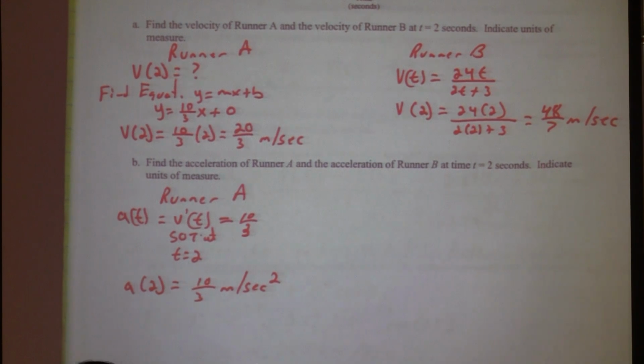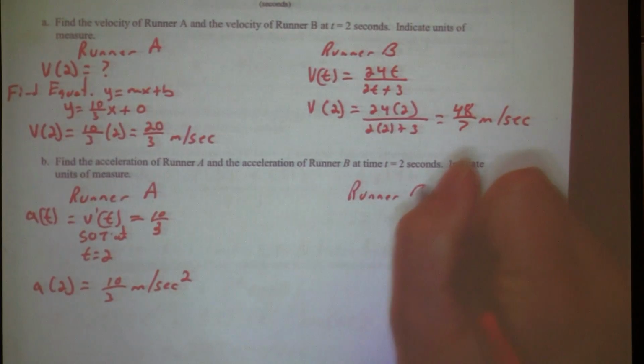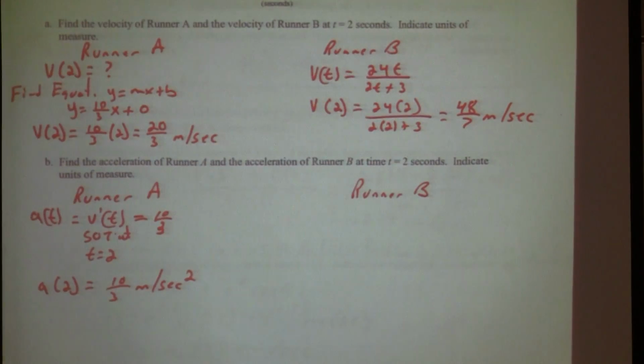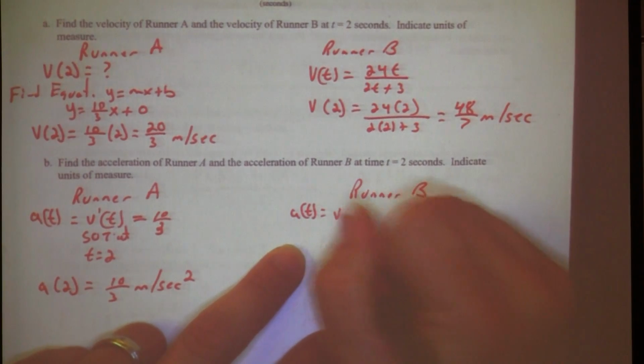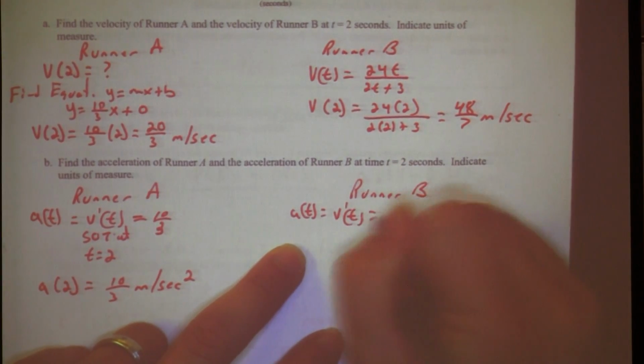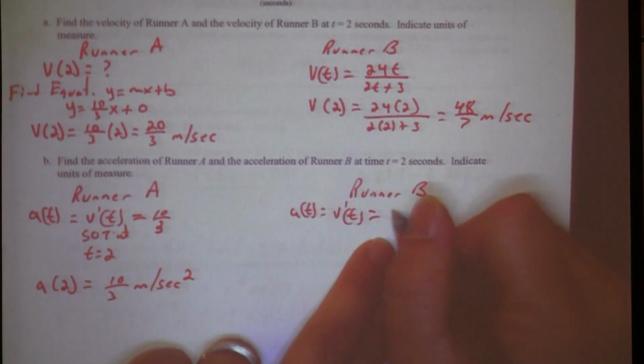Good? Alright. How about runner B? What do we got to do to get his acceleration? We need the derivative, so let's do it. What's the derivative of this function up here? Quotient rule. Okay, so I'm going to say it and you tell me what to write.